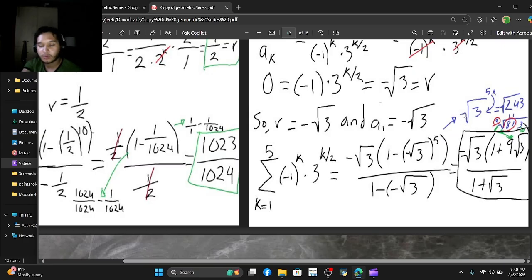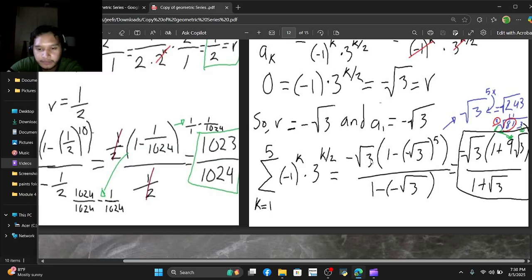So we had this square root of 3 to the power of 5. Now that we know the ratio and the first term, we wrote it in this form.